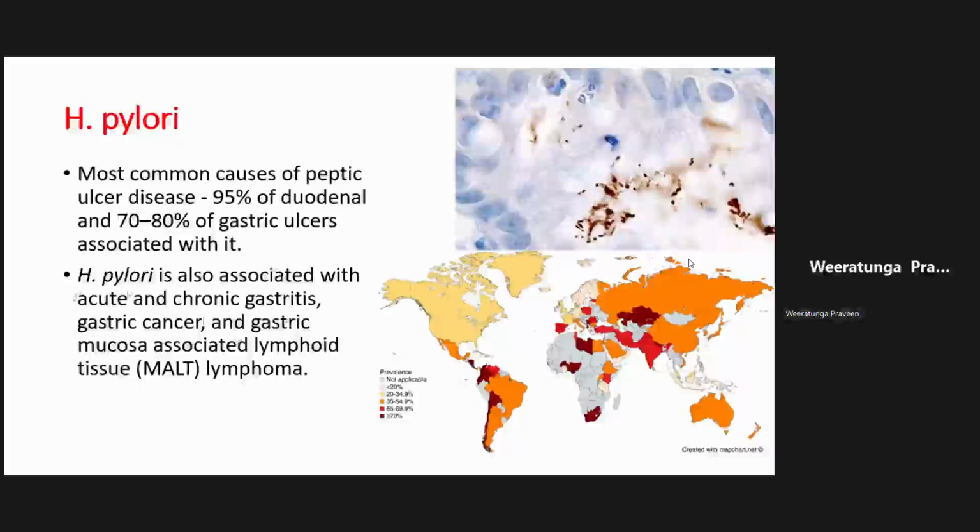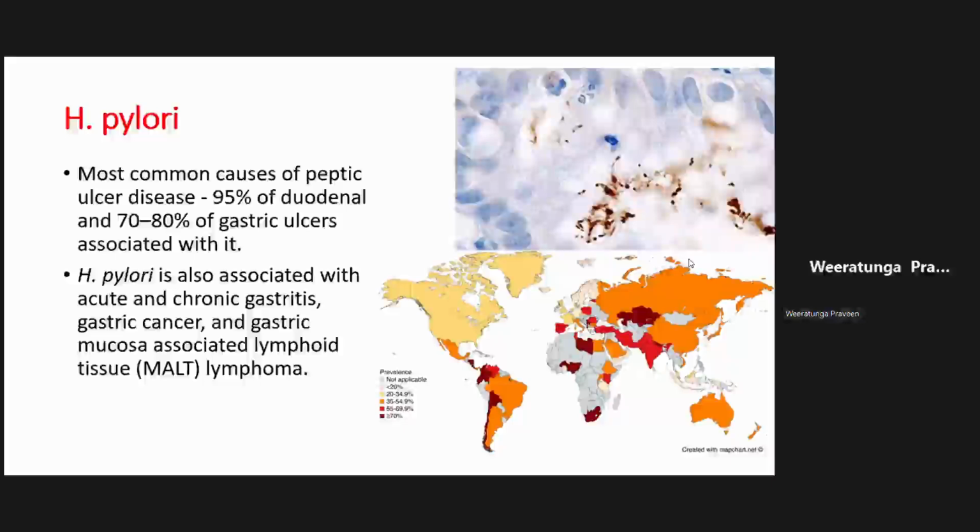Now, the second point in this slide is also very important. You should know, apart from ulcers and gastritis, what are the other associations and complications of Helicobacter pylori infection. These are gastric cancer and MALT lymphoma.